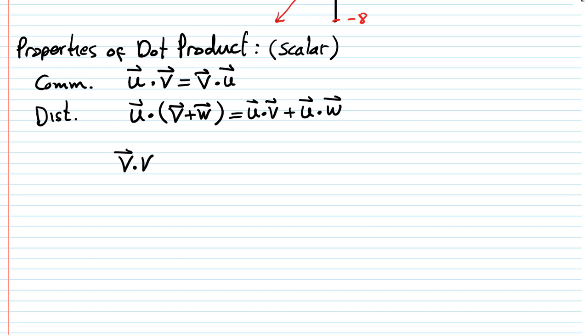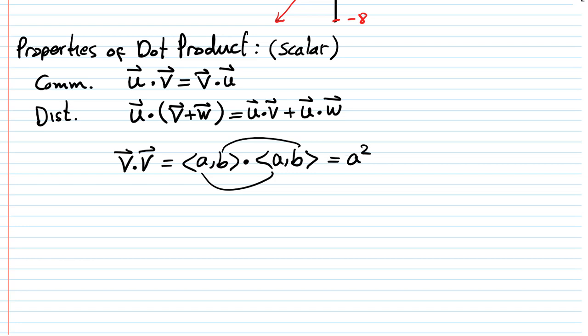Now another property here. What if I do a dot product of a vector with itself? Let's say vector v is (a, b) and dotted with itself. Remember, dot product, you multiply first components together, a times a, plus multiply second components together, b times b.